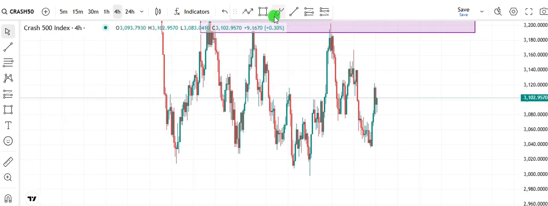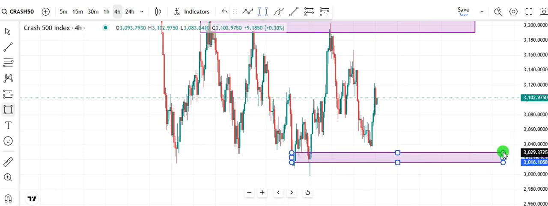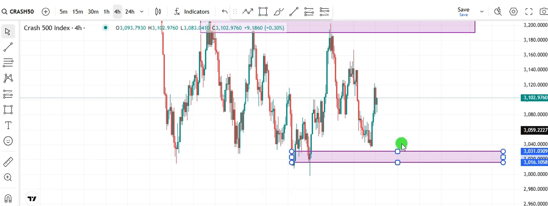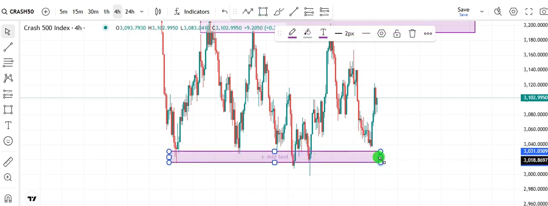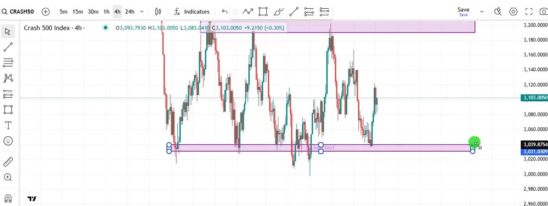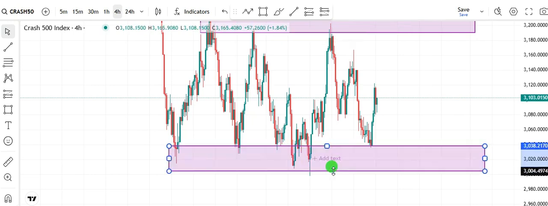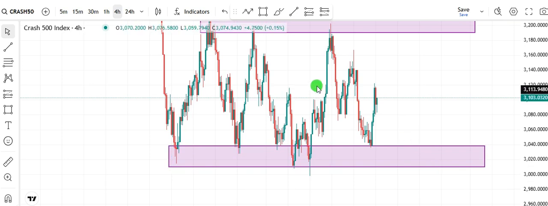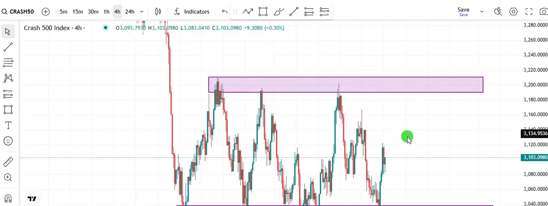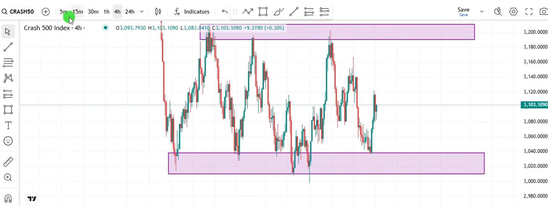I'm just trying to remove the noise so you can have better and cleaner charts. Alright, so I've removed all the noise around this level. So that means if you want to see the market on a long time frame, wait for a breakout from here or wait for a break below this for a long-term trade.